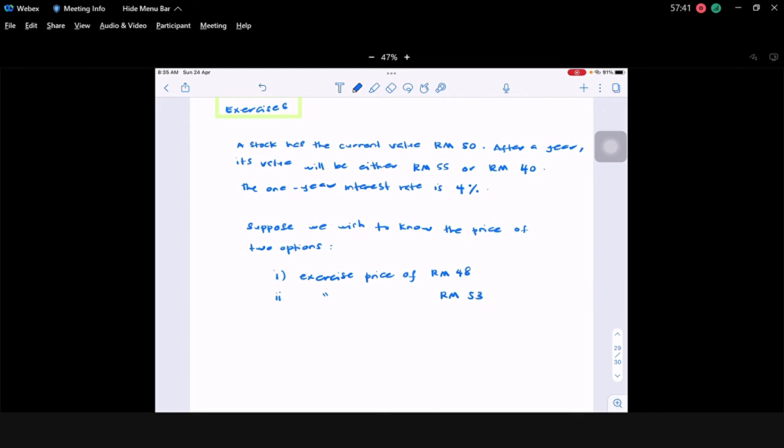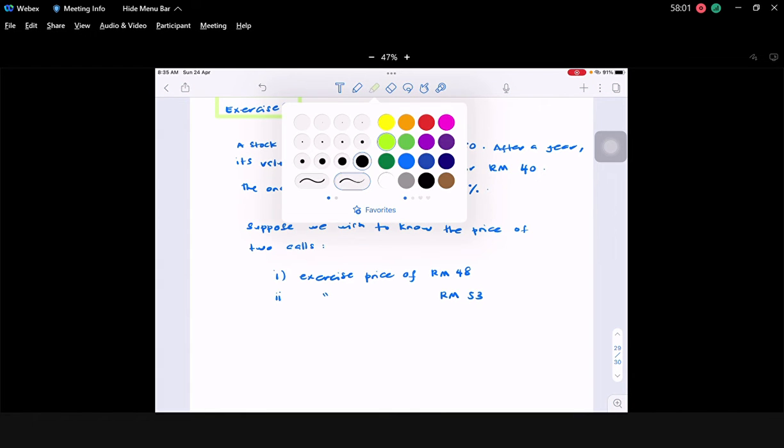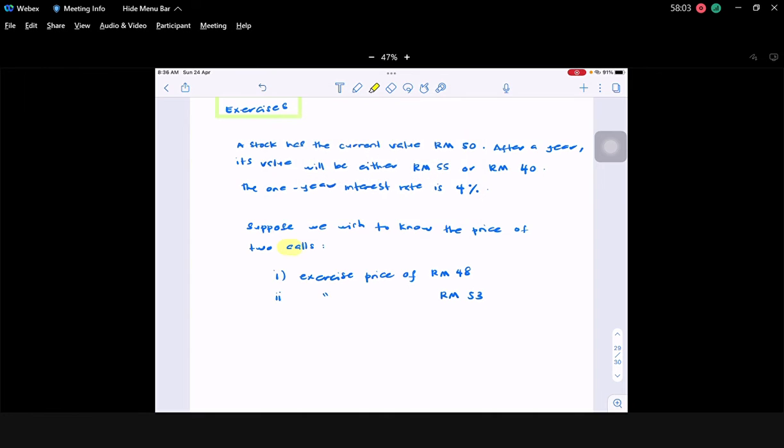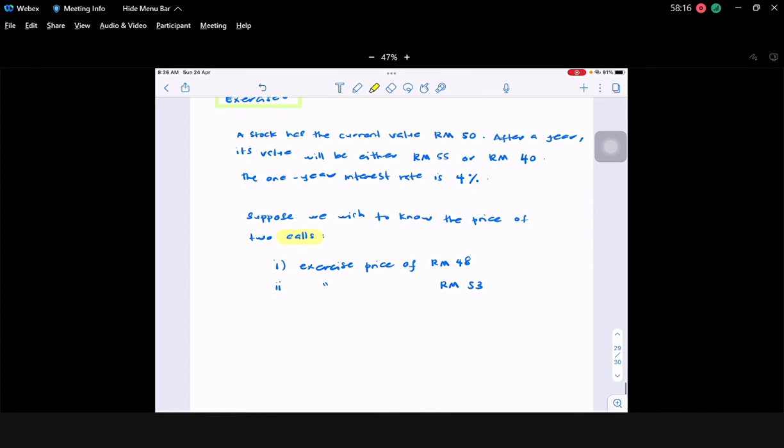Maksudnya kita nak find price untuk call option ini. Okay, so macam mana kita nak buat?